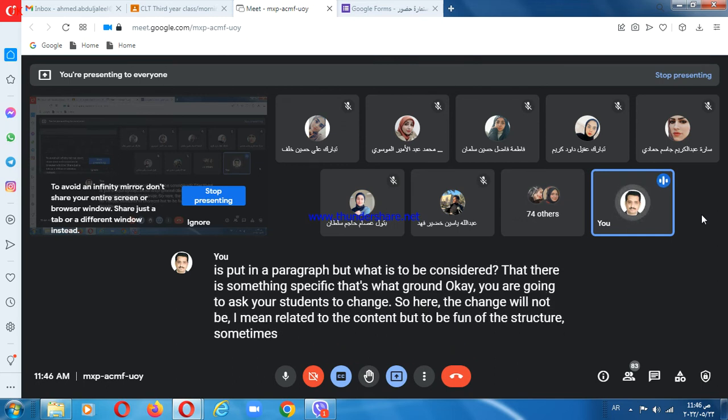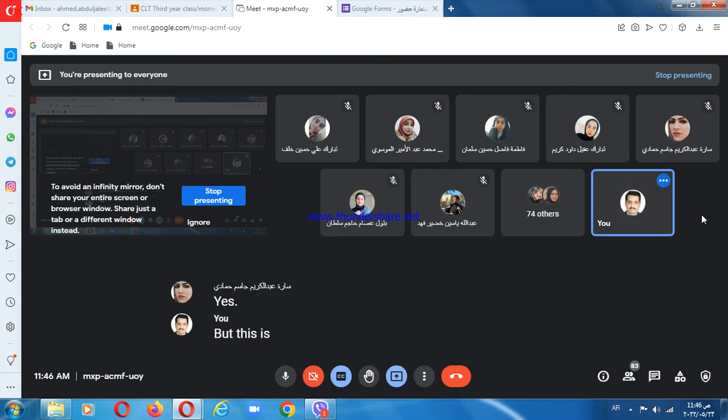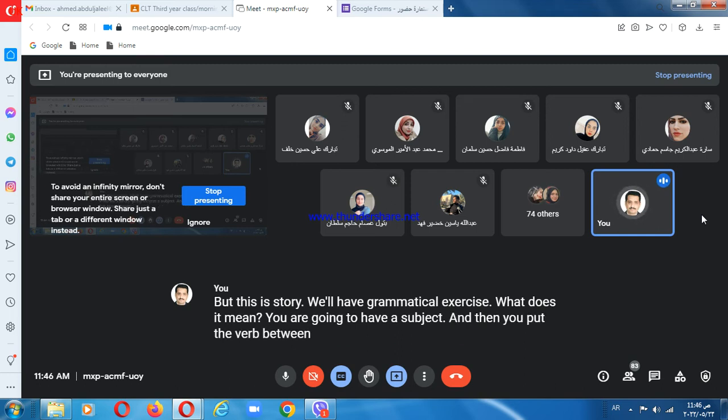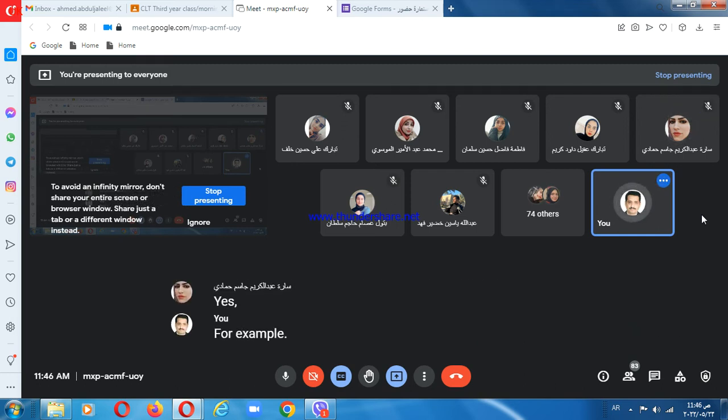Sometimes you are going to have a story, but this story will have a grammatical exercise. What does it mean? You are going to have a subject and then you put the verb between two brackets in two forms, for example, he need or needs.